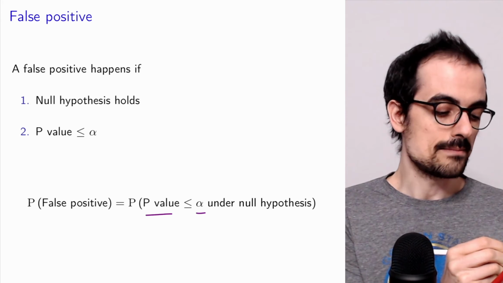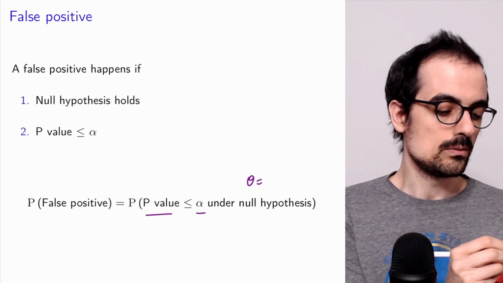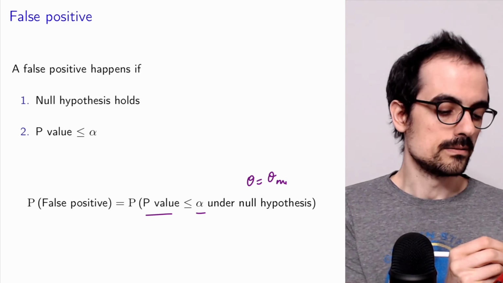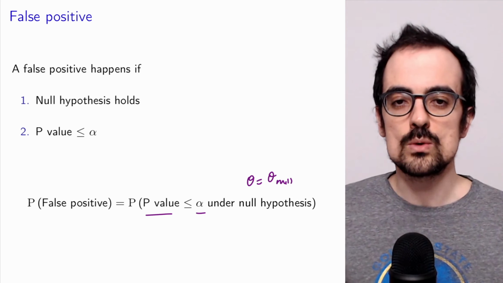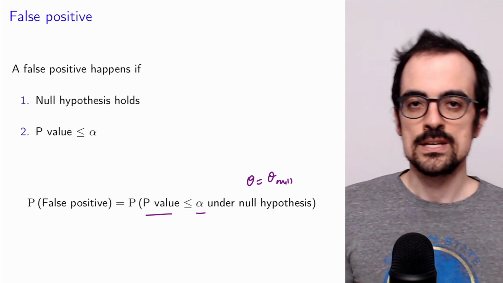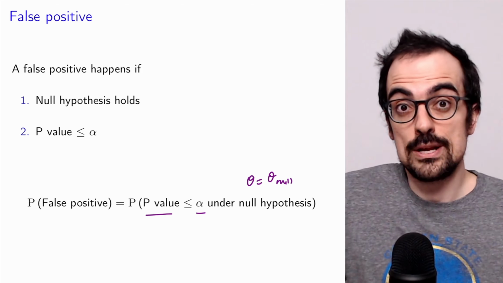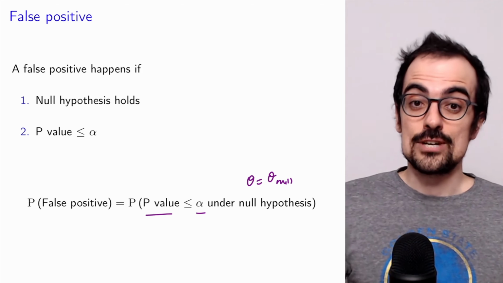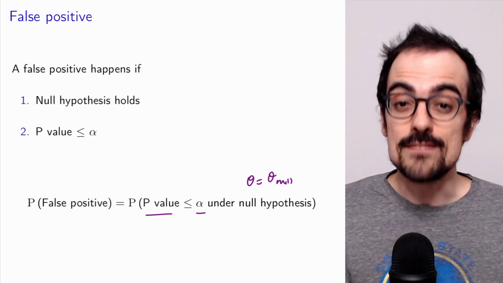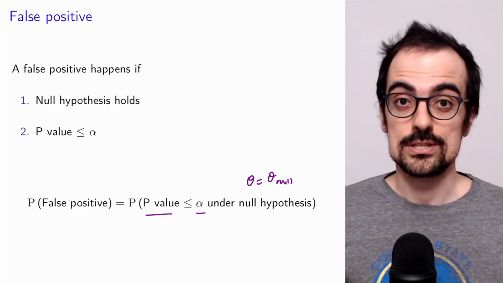And remember that our null hypothesis is that theta is equal to theta null. So when theta is equal to theta null, what is the probability that the p-value is smaller or equal to alpha? This requires understanding the distribution of the p-value when the null hypothesis holds.